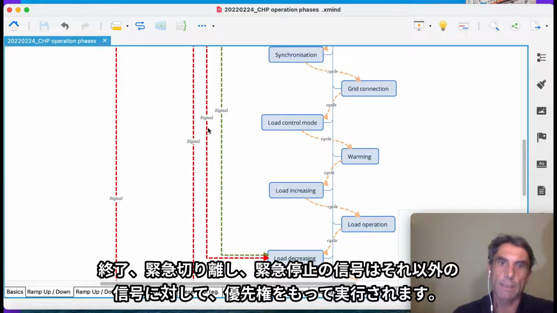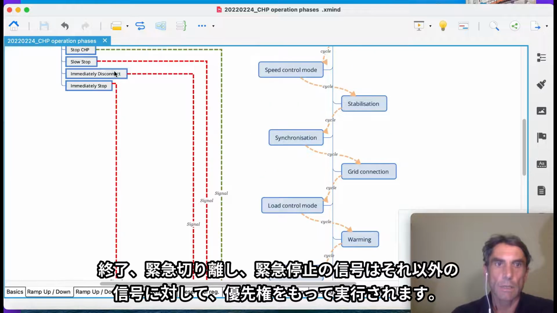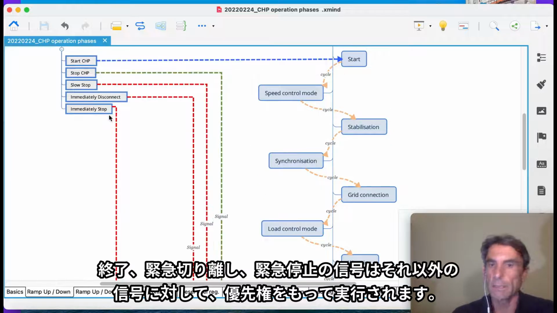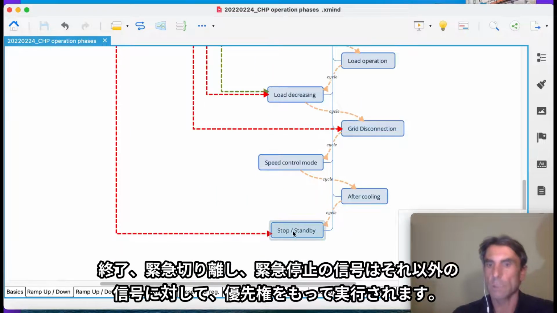The priority of these signals is higher than the priority of stepping through the process. So if we get the immediate stop signal while you are in one of the early steps of the process, the CHP will immediately jump down to the stop phase.